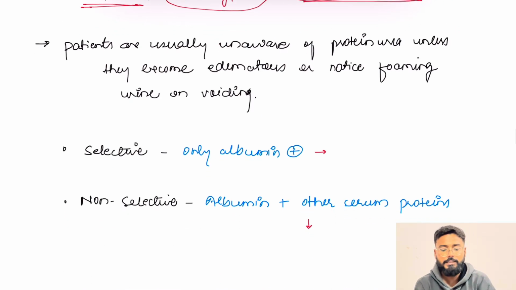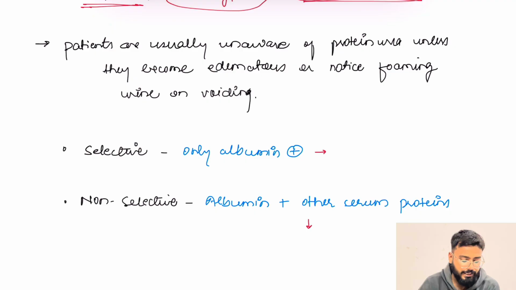So see, selective proteinuria. What is selective proteinuria? Selective proteinuria means only albumin is present. If only albumin is present inside the urine, that will be the cause of proteinuria, that is only albumin.